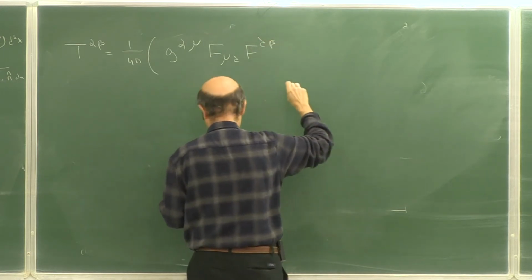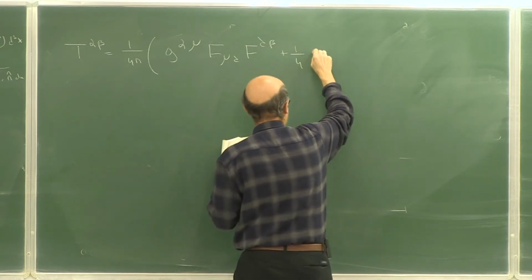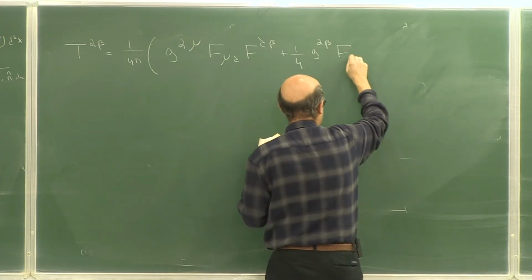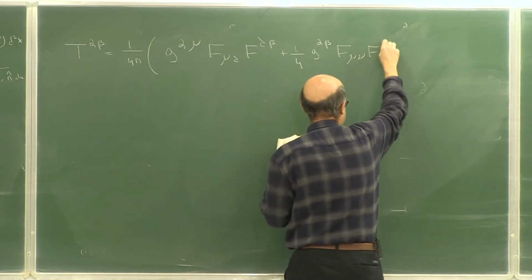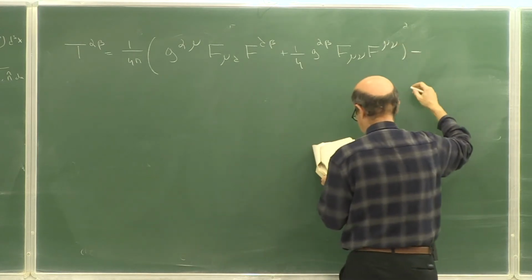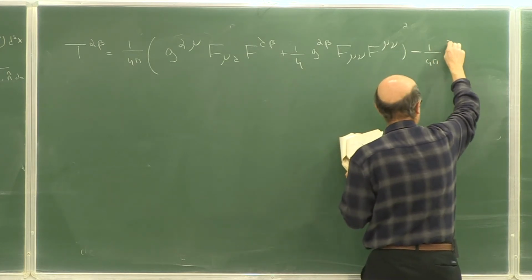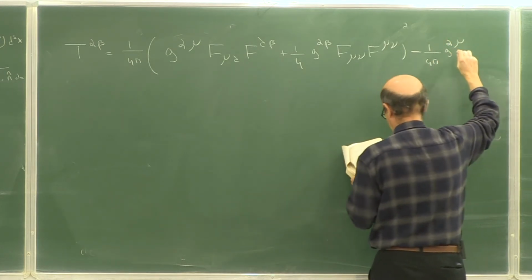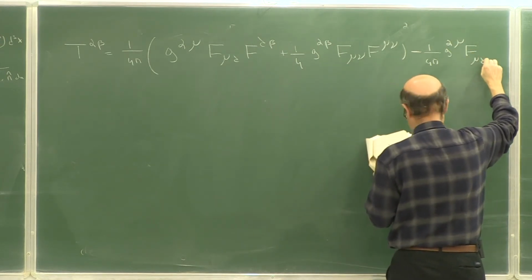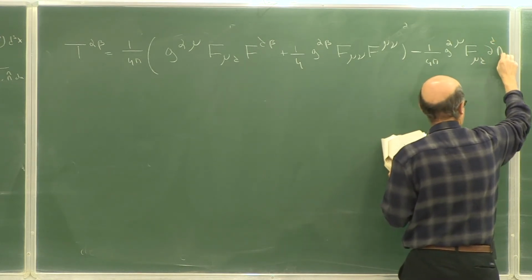I will check the result in a moment. Plus 1 over 4 g^{αβ} F_{μν}F^{μν}, minus 1 over 4π g_{λμ} F^{αμ} ∂^λ A^β.